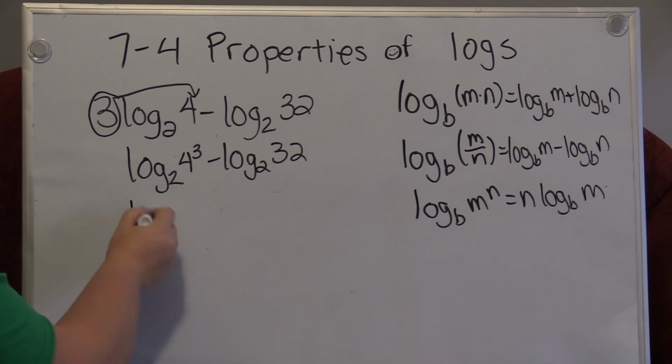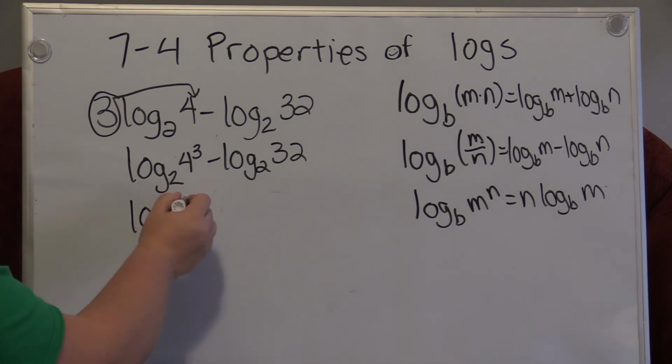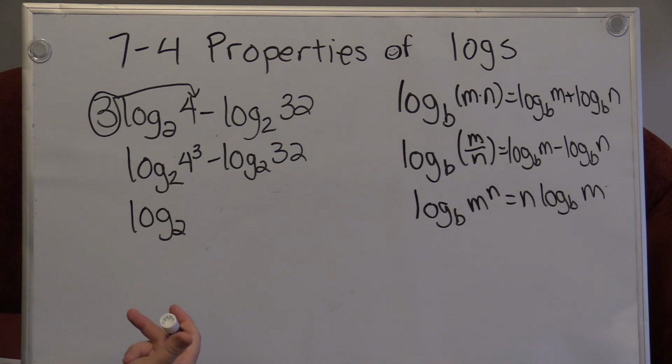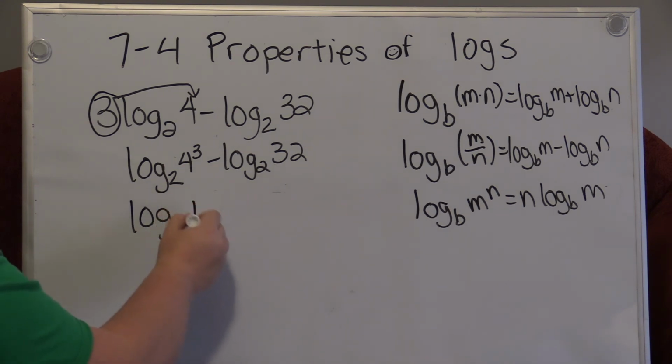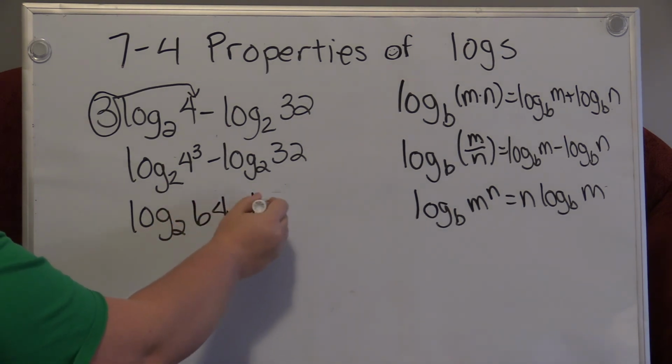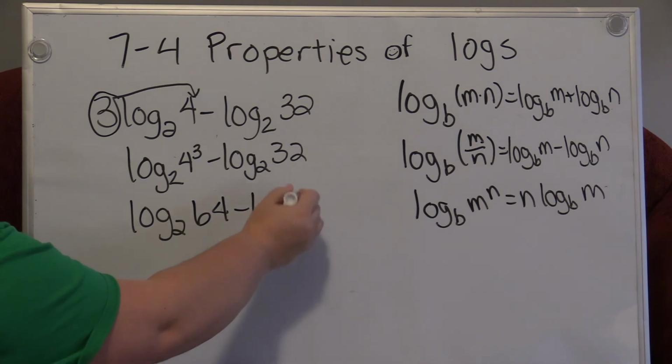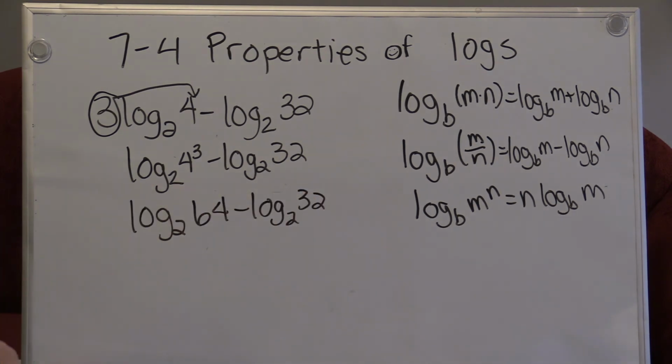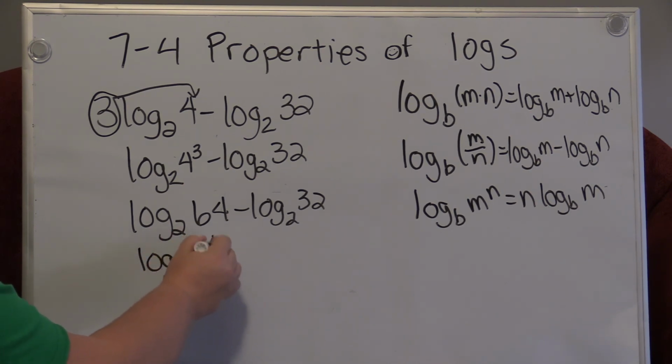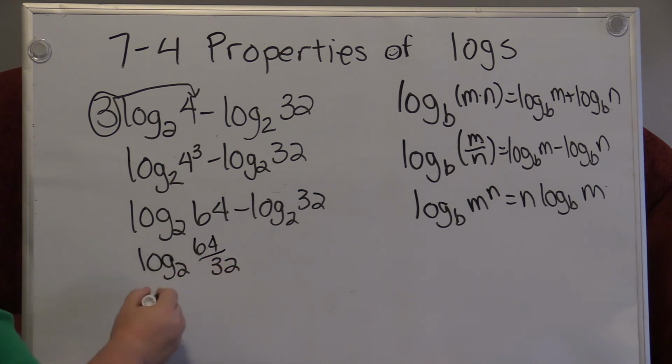So I have the log base 2 of 4 times 4 is 16 times 4 is 64. So then I pull these together and do 64 over 32, and this becomes the log base 2 of 2.